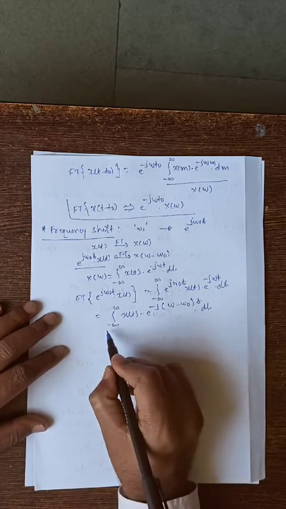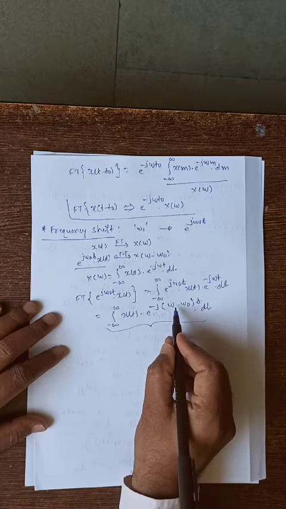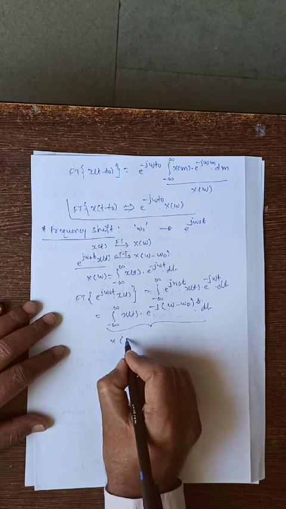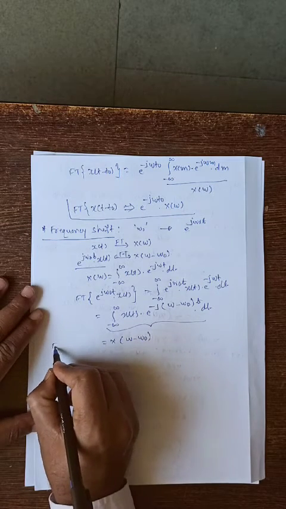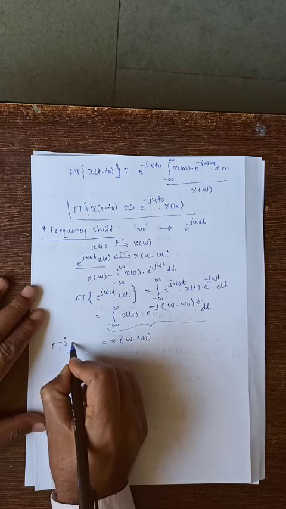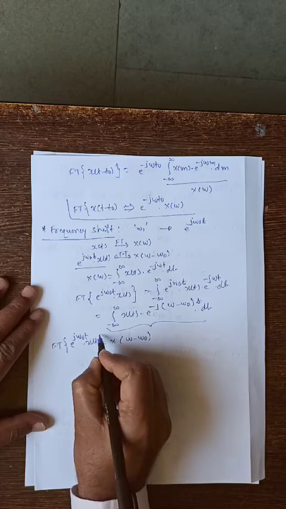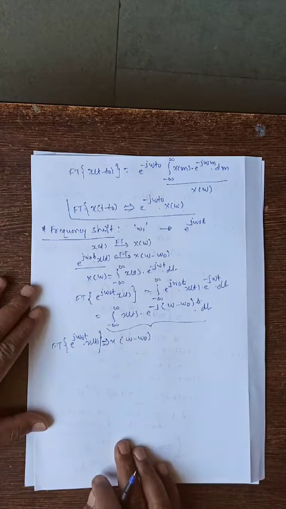Okay, so this is the Fourier transform of, so just this is the shift in the frequency. So this is the Fourier transform X of omega minus omega naught. So the Fourier transform of e raised to j omega naught t into x of t is equal to X of omega minus omega naught.